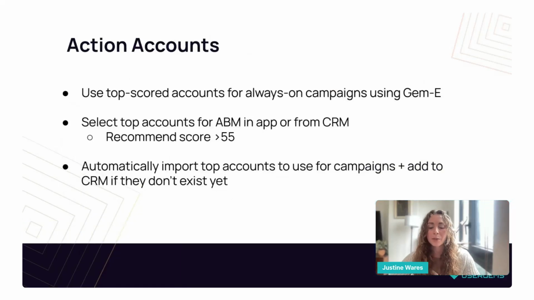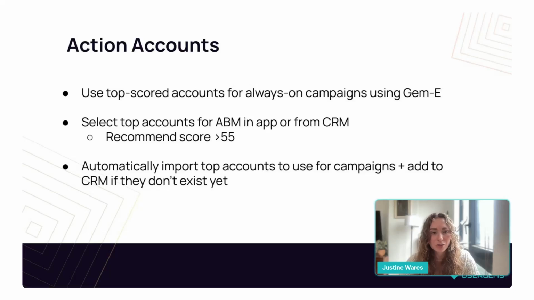The last piece that I'll say before I transition into our app. The biggest piece of this is not to deliver an account score or a company score into your CRM. The real purpose of this feature is to use it for any type of always on outbound campaign that you're running, where you're always able to find new accounts for those campaigns.